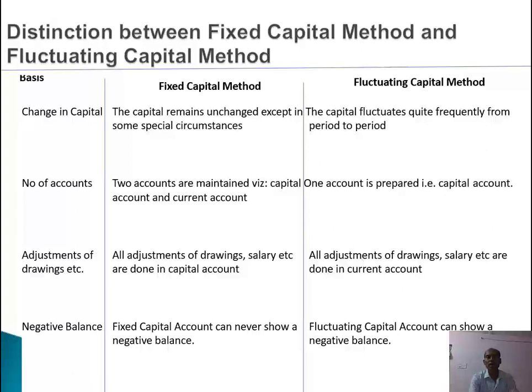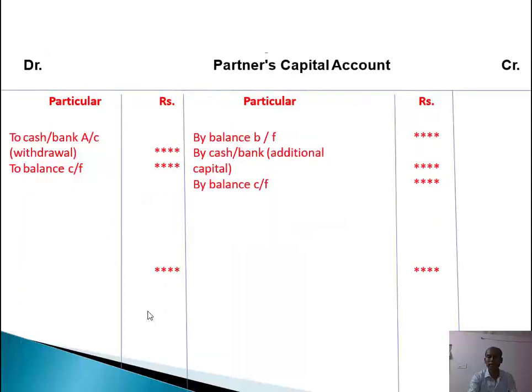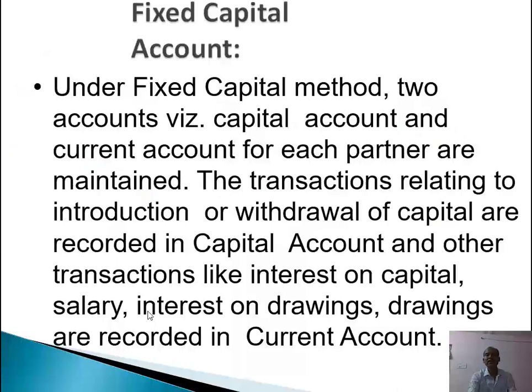So like that, again we have to get an idea that in the fixed capital method, two accounts are maintained. One is the capital account, another is the current account.